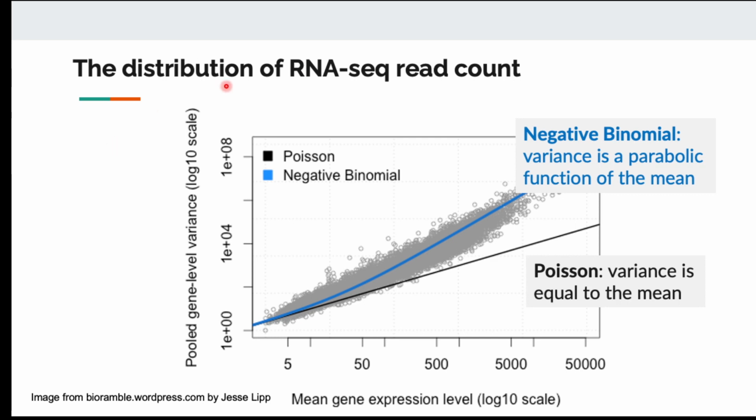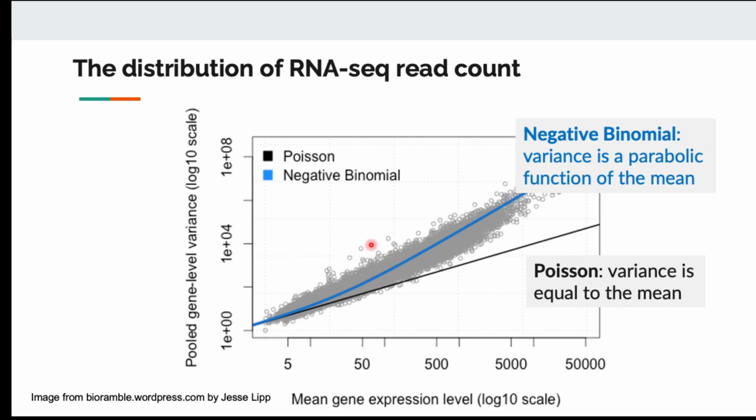So first, let's look at the real data. The real RNA sequencing data are the ones in the scatter plot in gray. Each dot is a gene. And for each gene, they plot the average expression level of that gene in the cells against the variance.